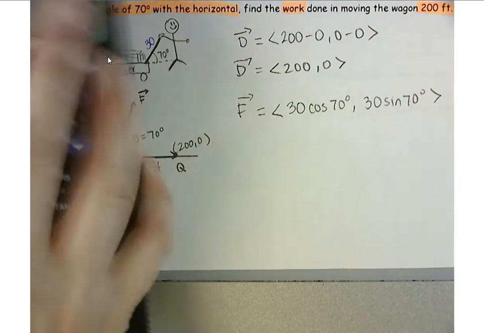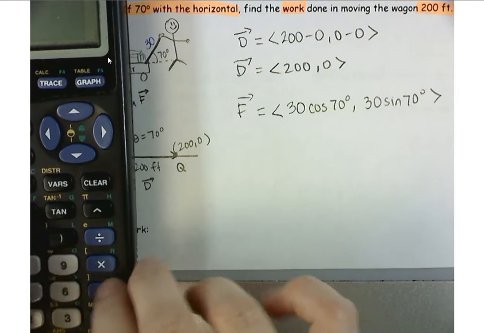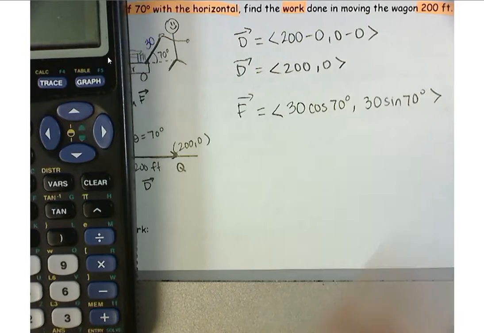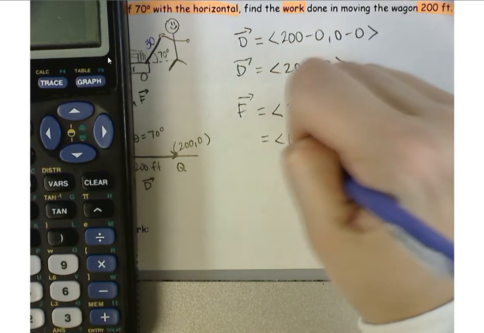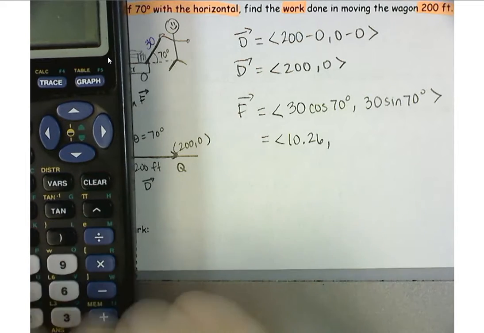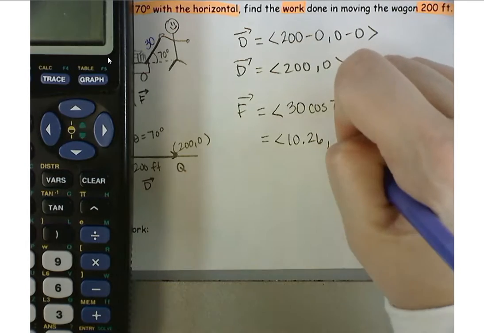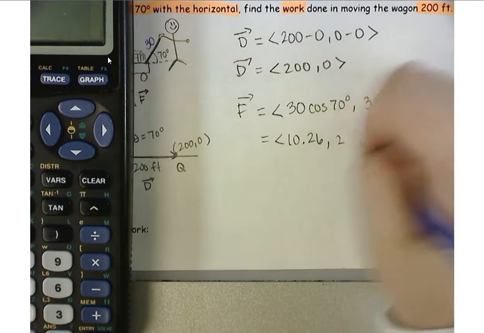All right, so then when we calculate that, we're going to just round it to the nearest hundredth. So this will give you 10.26, and then 30 sine of 70 will give you 28.19. Is that what you guys got?